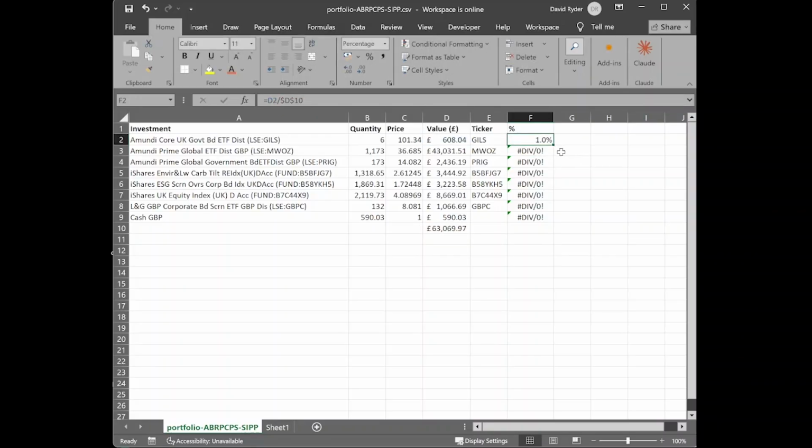And now when I drag it down, it gives me the right numbers. So I now know what the allocation is for each of these assets.